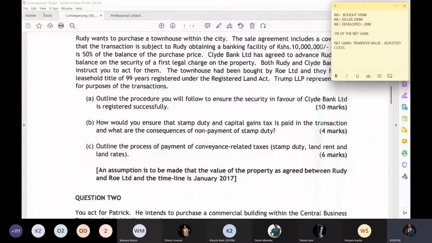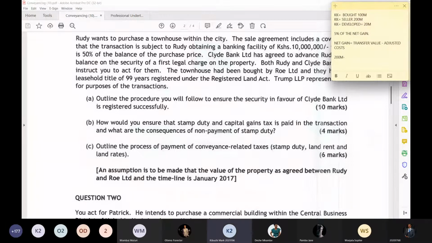It's just a matter of putting in figures. What is the transfer value here, KK? The value for transfer is 200 million. Exactly, 200 million. Minus, what is the adjusted cost?